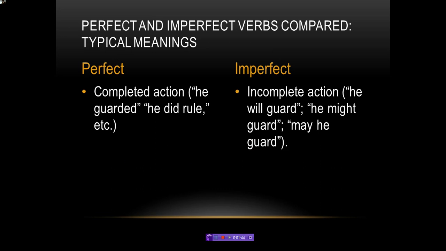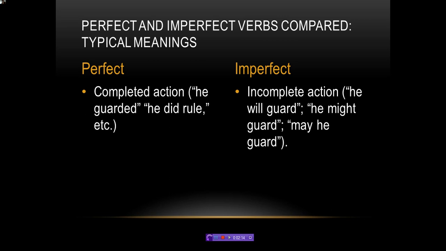A perfect verb, we've learned, typically refers to completed action. So we can often use, for instance, the English past tense to translate a perfect verb. He guarded, the king killed, the queen ruled, something like this, or Abraham walked toward Egypt. Those are all ways of talking about past events, and the perfect tense can be used in this way.